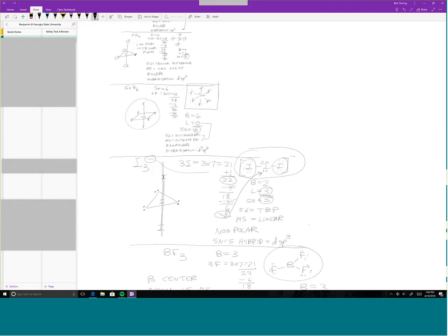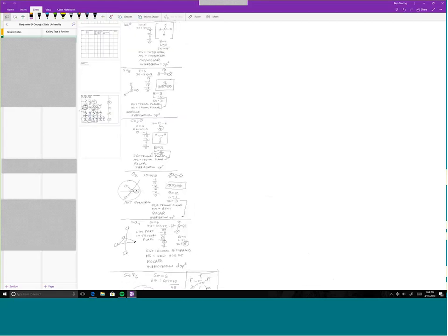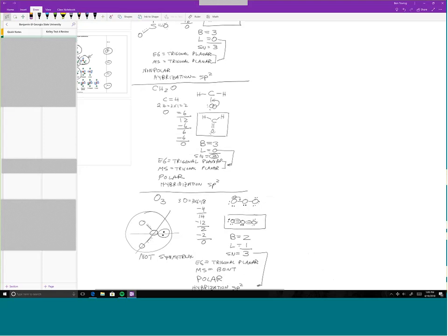Okay, let's go back to an earlier example, which was right the first time. Here we had ozone. We had 18 electrons in the molecule. 4 were deducted for the 2 single bonds, giving us 14. 6 were deducted for these electrons to fill the octets on the outer oxygens, which meant we had 2 left over.